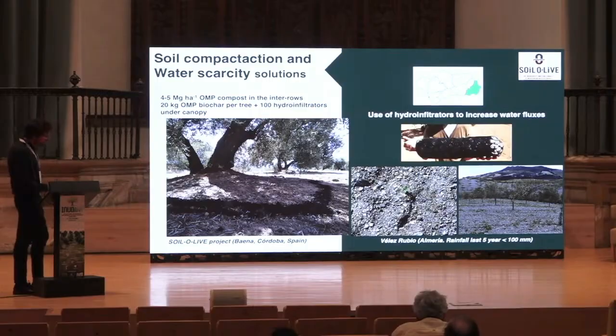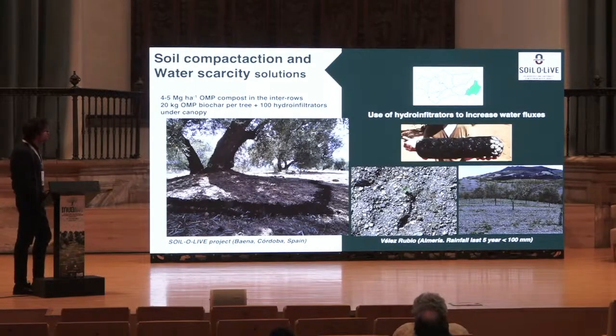The solution for water scarcity is similar to the solution for soil compaction. For example, we are testing the use of biochar directly applied to the soil, but also in the form of hydroinfiltrators.